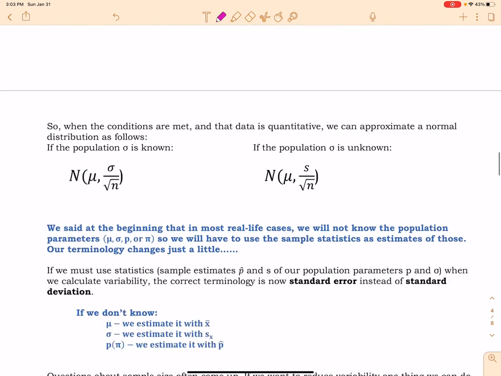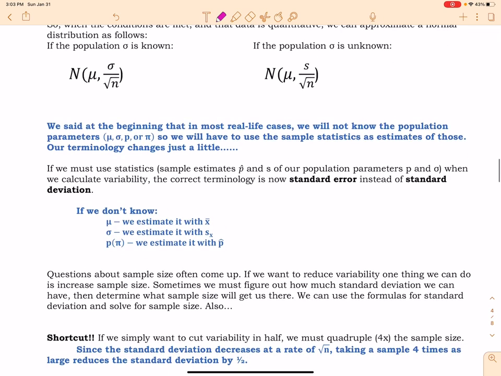And of course, we have formulas to find our standard deviation for quantitative data, just like we do for categorical data. For quantitative data, our formula looks like this. For standard deviation, we have to have an estimate or a known standard deviation to begin with, because we're just going to divide that by the square root of my sample size.